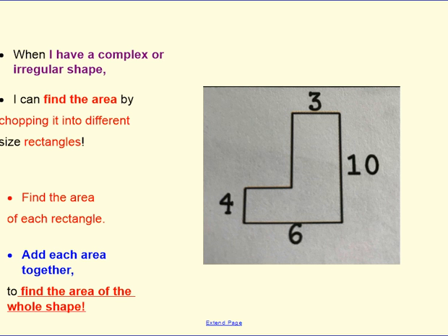And then in our last problem, we built our understanding of finding area of rectangles, breaking those rectangles up into smaller rectangles, finding those areas, and then also finding the area of a regular shape like this one, and knowing that we can also break this shape into rectangles. But we have to be careful with our side lengths.